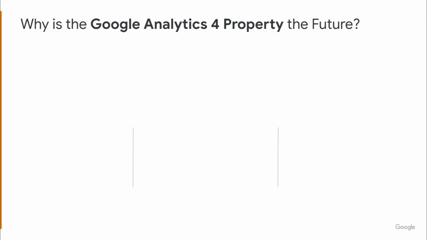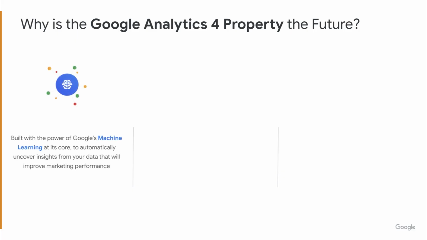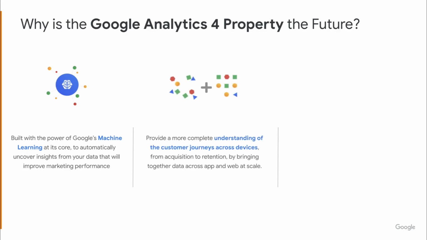At a high level, there are 3 areas that set the new Google Analytics 4 property apart. First, it's built with machine learning at its core to automatically uncover insights from your data that you can use to improve your marketing. Second, it provides a more complete understanding of your full customer lifecycle, from acquisition to retention, by bringing together data across app and web at scale.